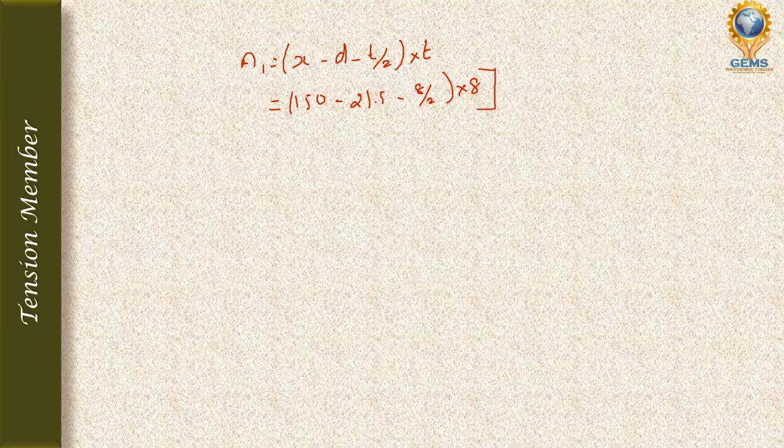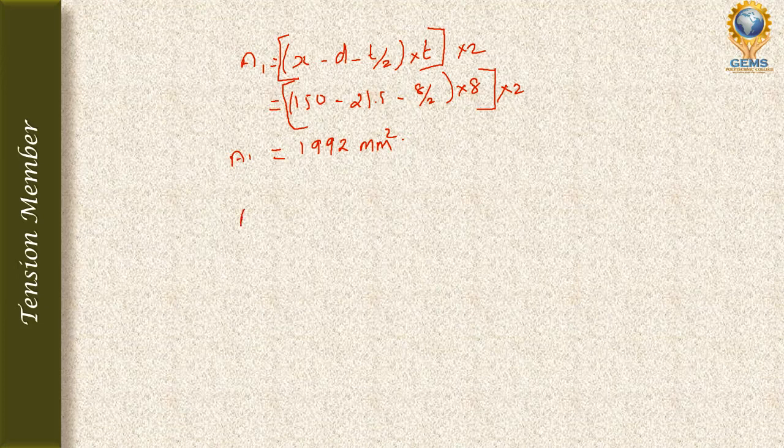This whole will be multiplied by 2 because both angles are connected on the same side, so every angle has the same net area. Two angles are there, so we multiply by 2. So what we get is 1992 mm square. So this is the A1.